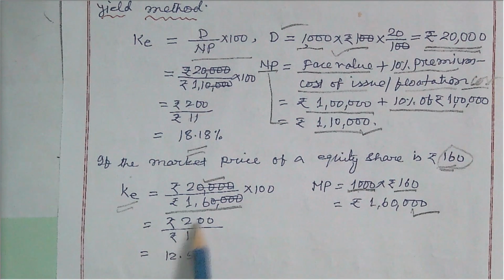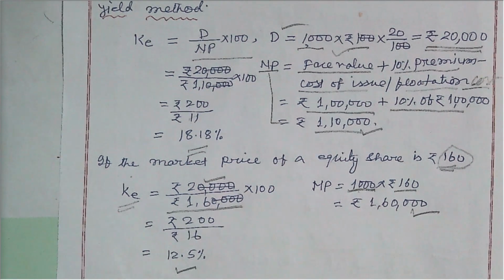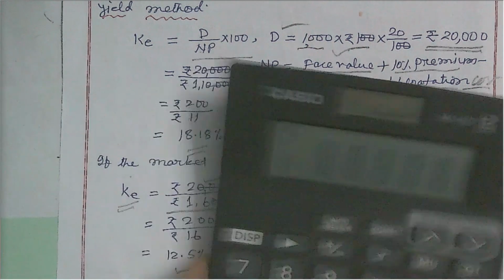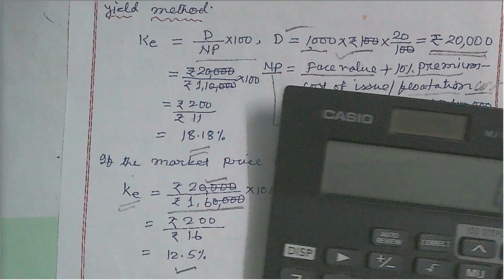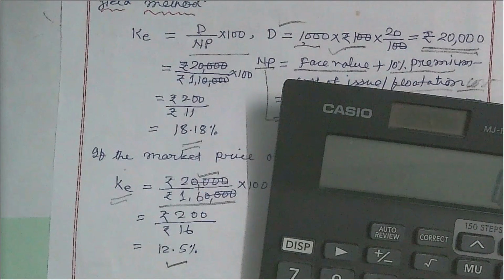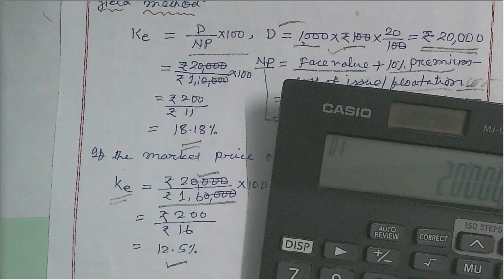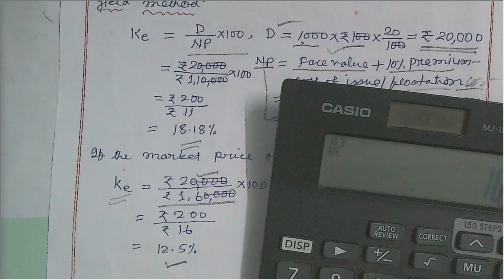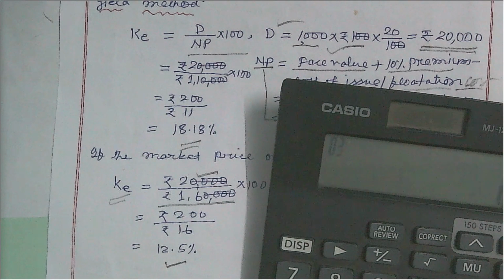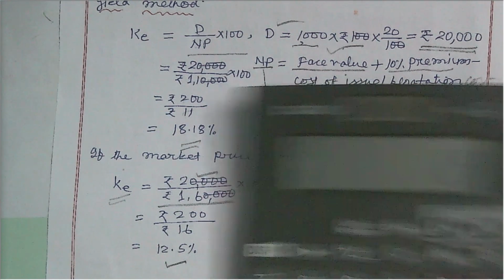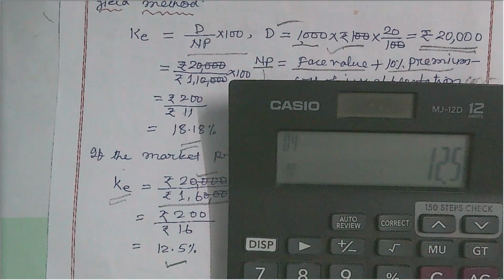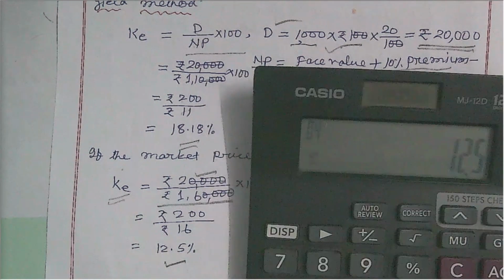So 20,000 divided by 1,60,000 into 100 gives 12.5%.